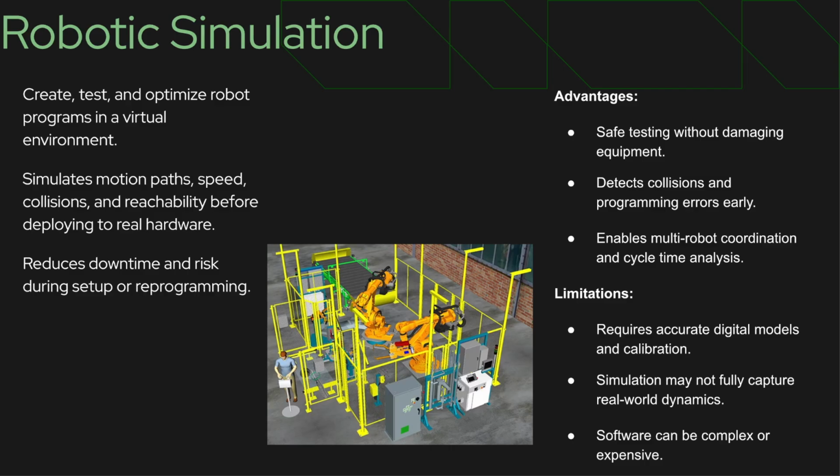You can estimate how long cycle times take. Simulations give you so much data before having to throw it into the real world and potentially make a very dangerous mistake, or potentially have your production, your revenue, go down because of something that could have been easily preventable if you ran it through a simulation.